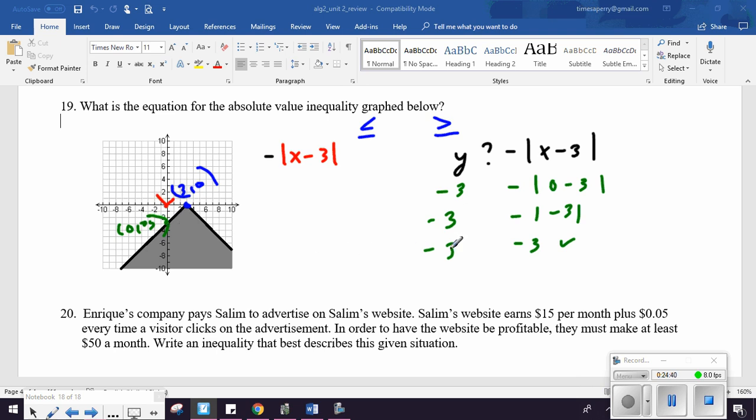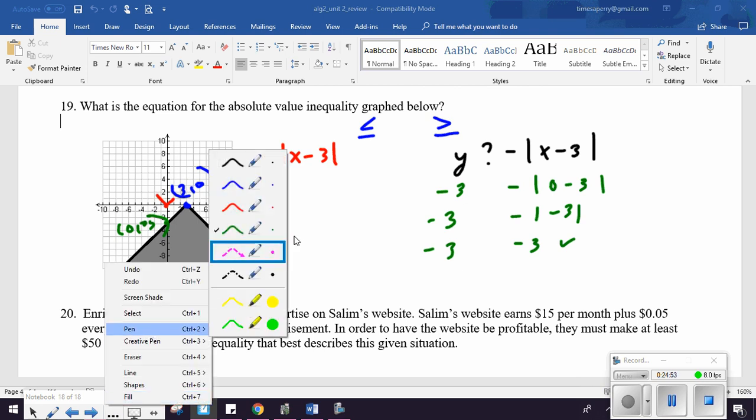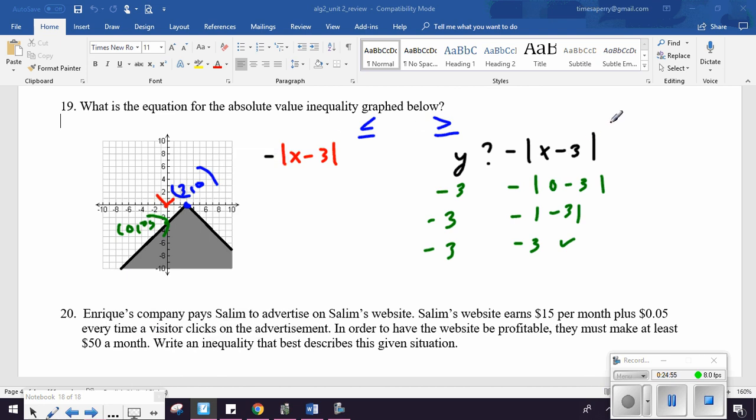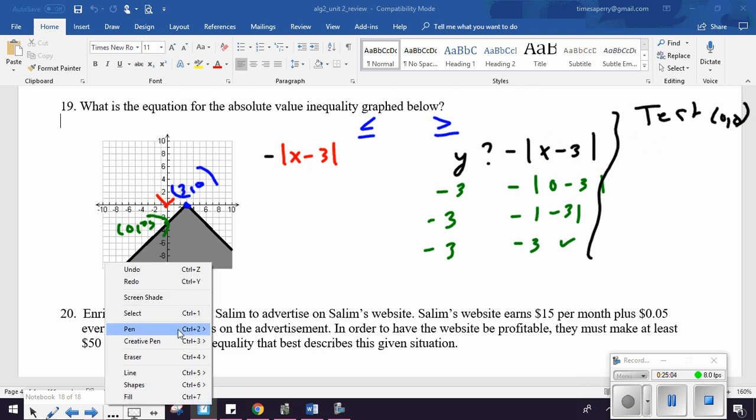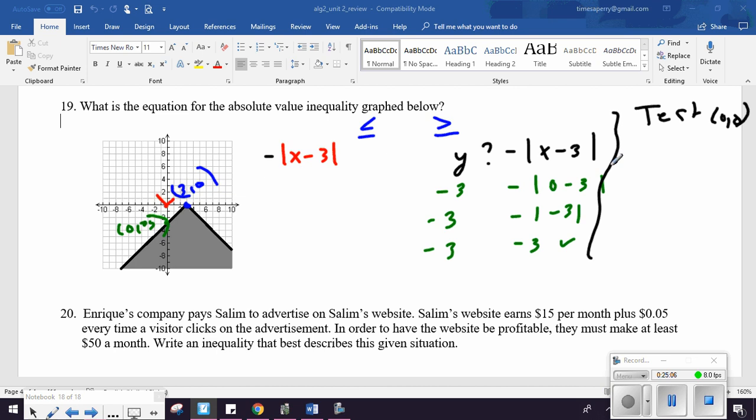Now for the shading, we have to decide, is it less than or greater than? So let's pick a point. Let's pick our normal test point, 0, 0. That would be 0.